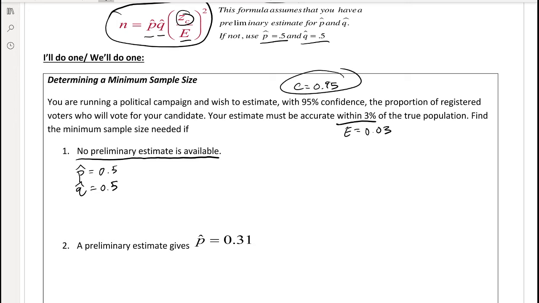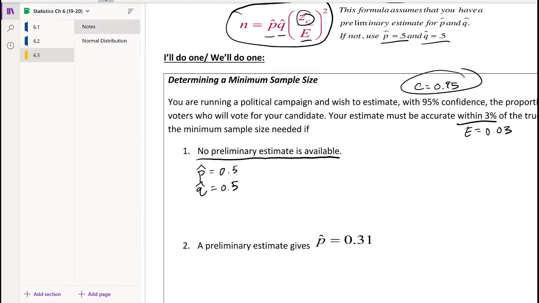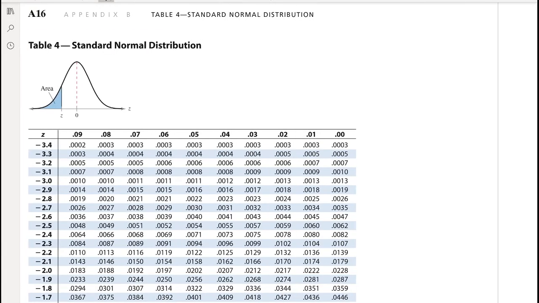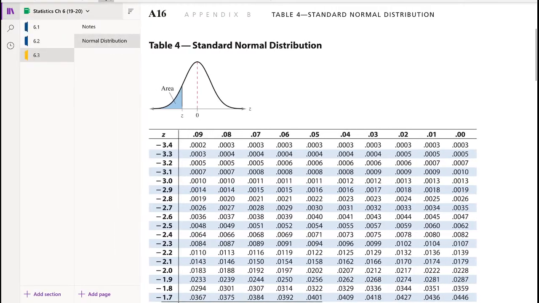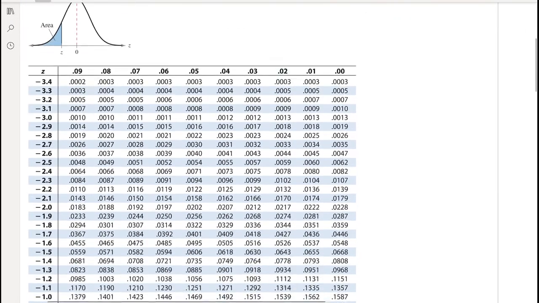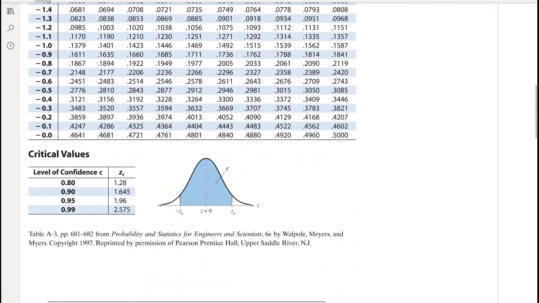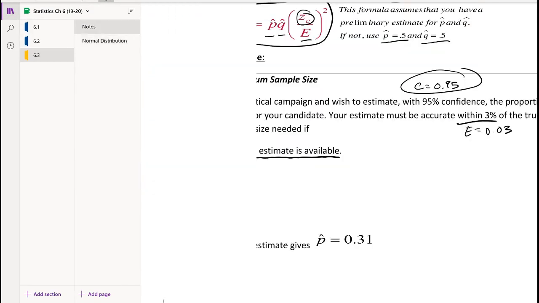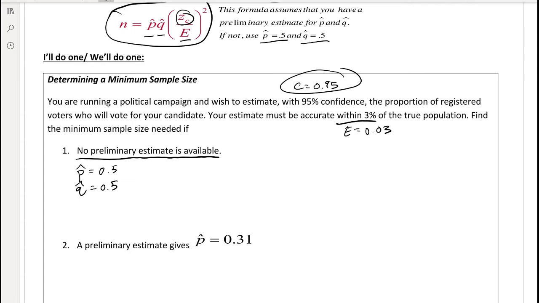But I do have my c equal to 0.95, and I know this is a normal distribution problem, so I'm going to go ahead and look at my z table. 95% for my confidence level gives me a z critical of 1.96.